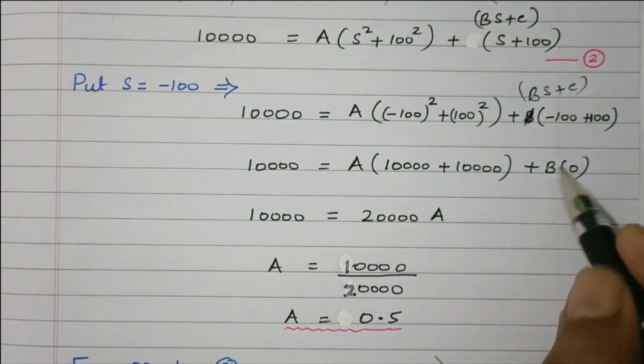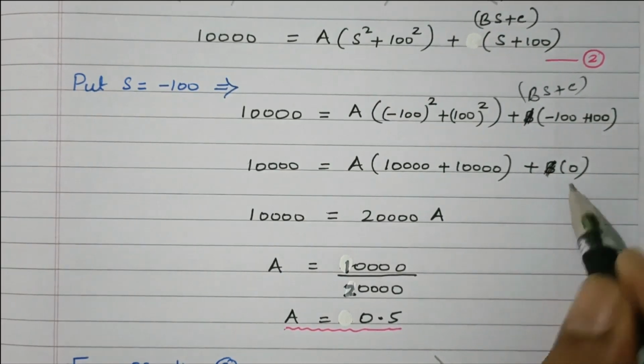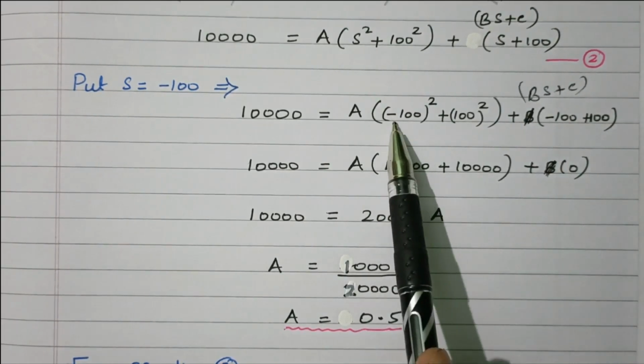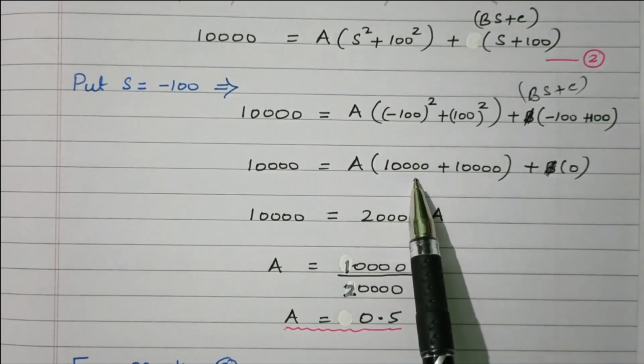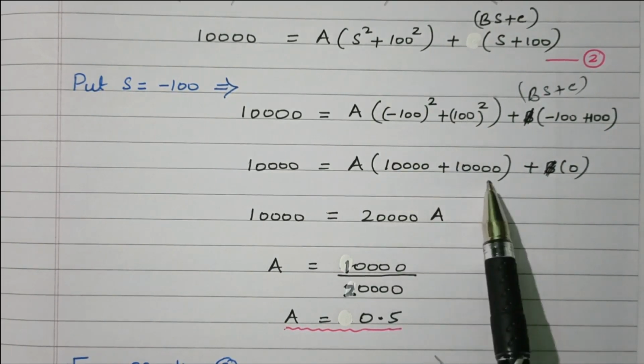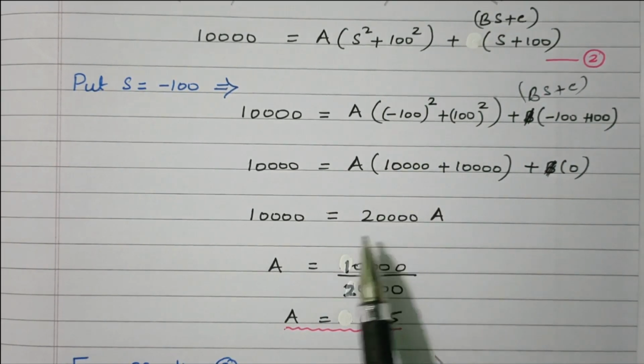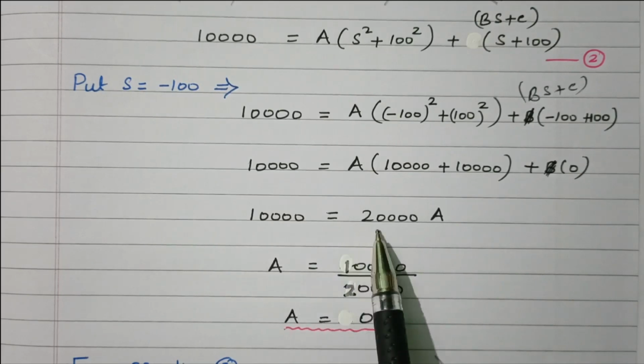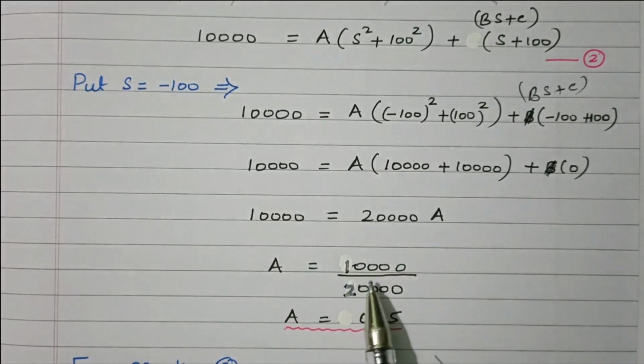This term is 0, so here also it is 0. So only here minus 100 square is 10,000, and already here 100 square is 10,000, so totally 20,000. 10,000 equals 20,000 A. So A equals 10,000 by 20,000, which is 0.5. So now we have calculated the value of A as 0.5.